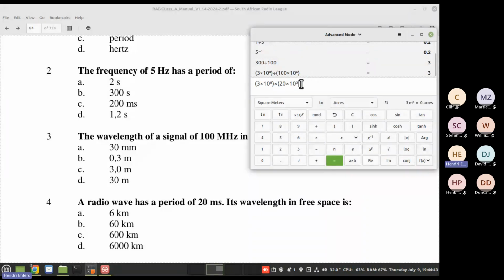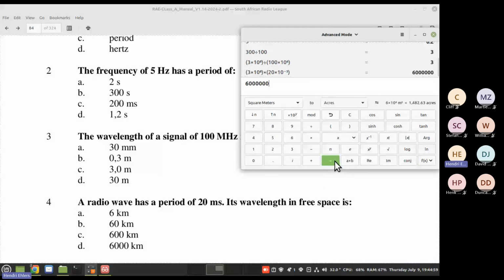Somehow I think this is going to give me uphill, so let's start with that again. Right, that looks better. And then we say equal. Okay, that is 6 million meters. So if we make it kilometers, it's going to be 6,000 kilometers. So that's going to be D. Everybody agree? Yes.